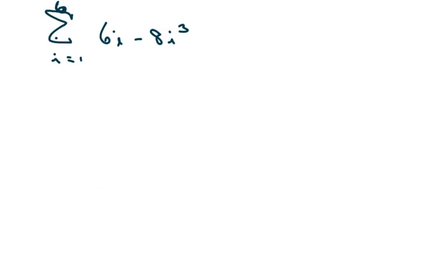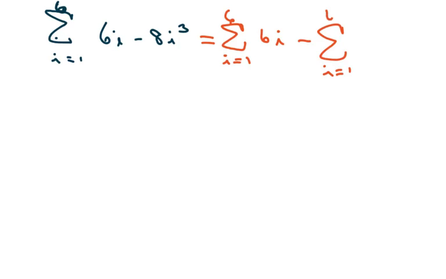Alright, the next one is this one. This one looks a little odd because of the i, but it's no big deal. So I'm going to break this up again: the sum of i equals 1 to 6 of 6i, minus the sum of i goes from 1 to 6 of 8i cubed.